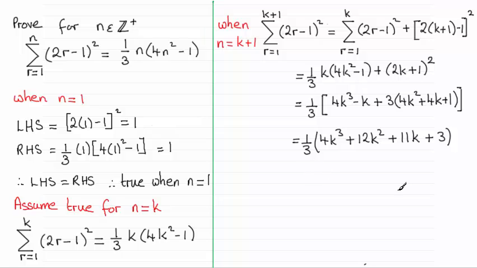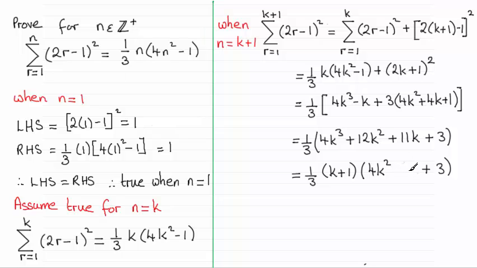So we've got 1/3 of k plus 1, and then I'm going to have a quadratic factor. The first term in that quadratic factor has to be 4k squared, so that k times 4k squared gives me the 4k cubed. We know that the constant on the end has to be 3, because 1 times 3 gives us that 3.